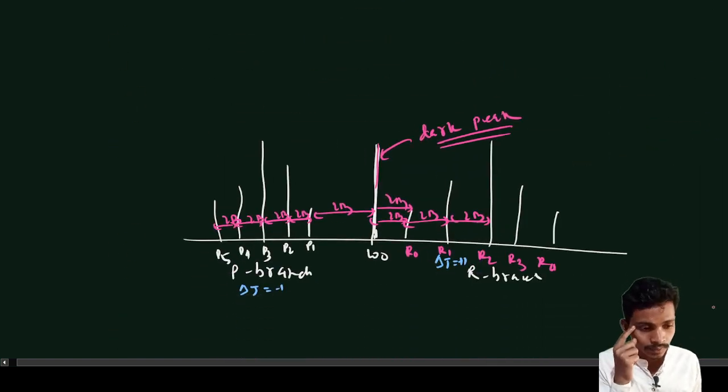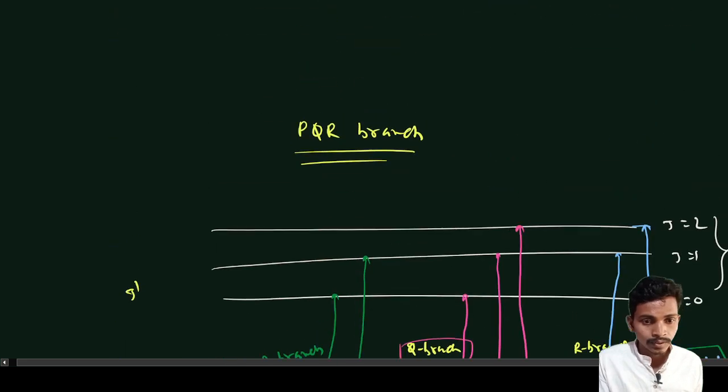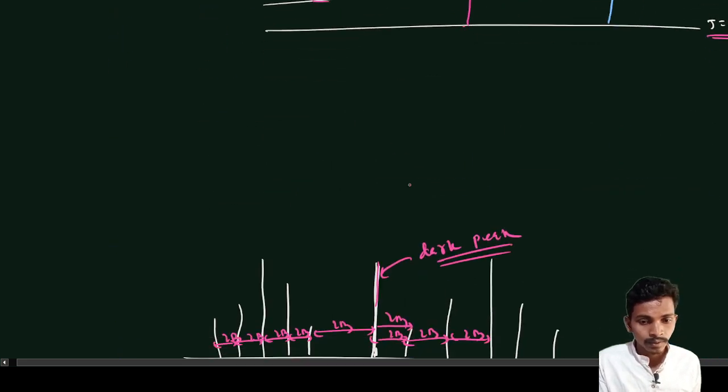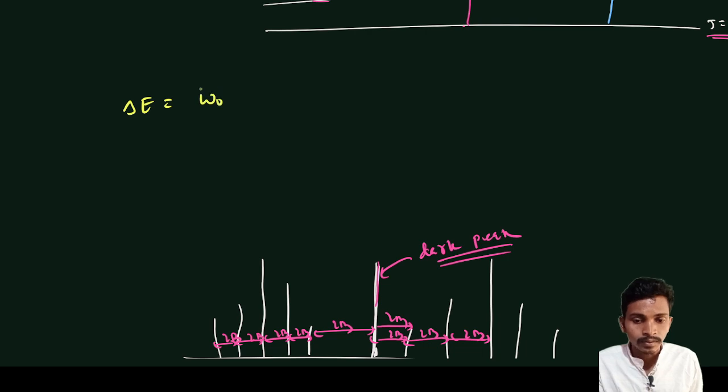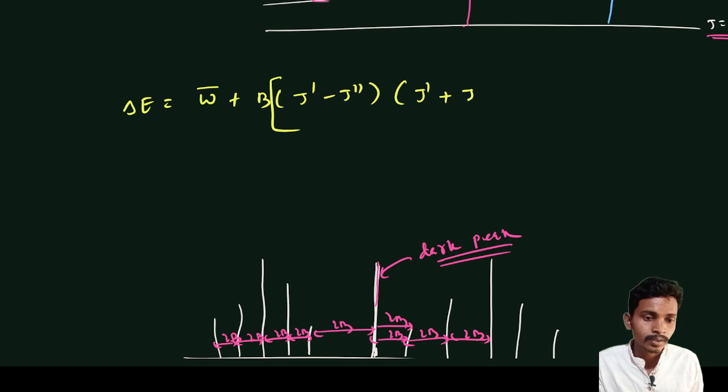So let's do the equations. So delta E equal to omega naught plus B times j dash minus j double dash, times j dash plus j double dash plus 1.